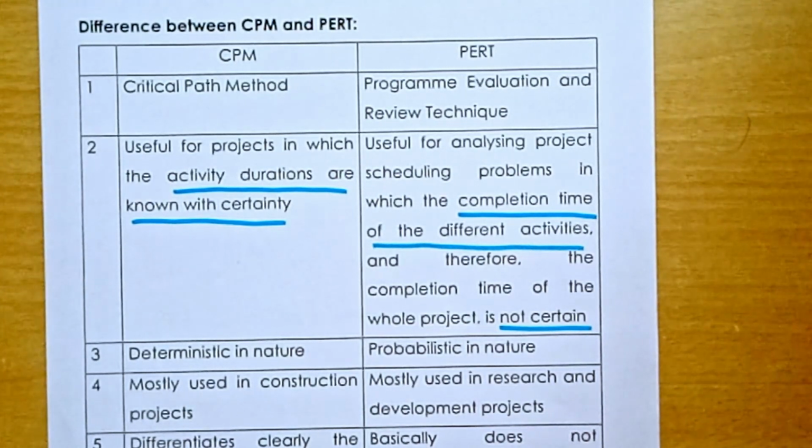See, as I was explaining about a construction project, construction of a residential house or building, I was mentioning the activities: procurement of material, arranging labor work, then starting laying the foundation, laying pillars. These activities have more or less known duration, because project managers and engineers can easily predict the time to be taken for laying the foundation, depending on the size of the project and the size of the building.